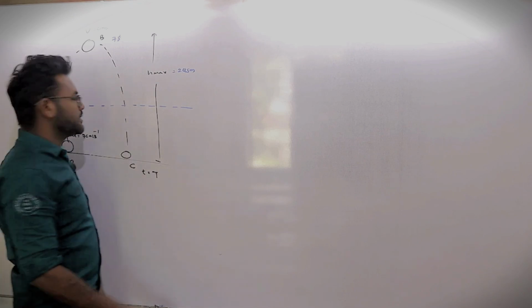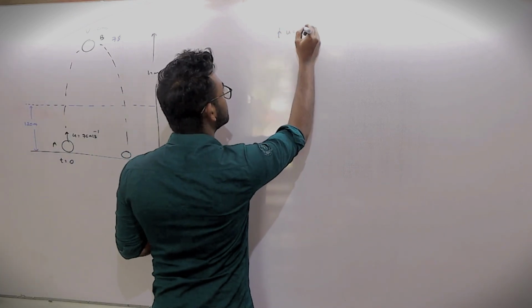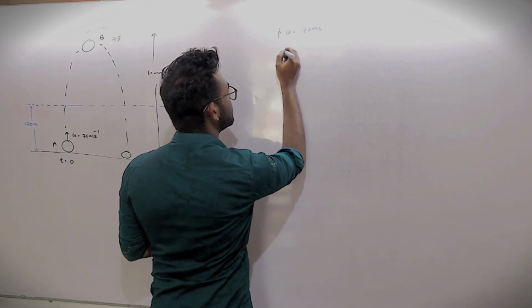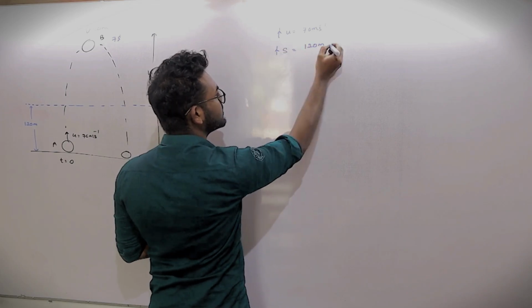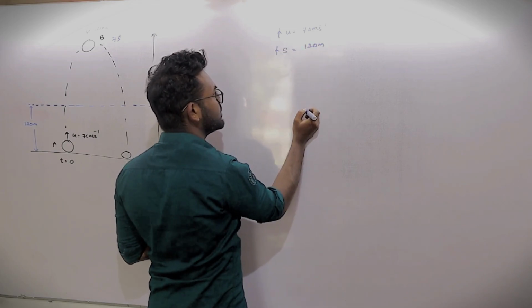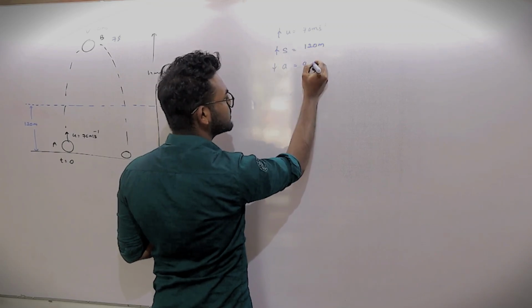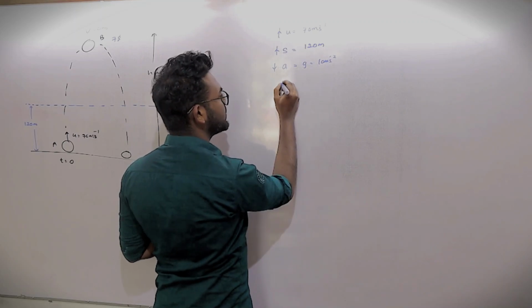Let's try the data then. Initial velocity is known 70 meters per second. What else? We know the displacement, it has to be 120 upwards. And you know the acceleration, that is going downwards, 10 meters per square second. We're supposed to find the t.